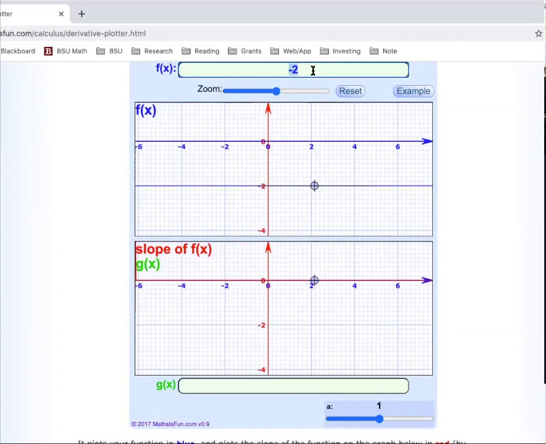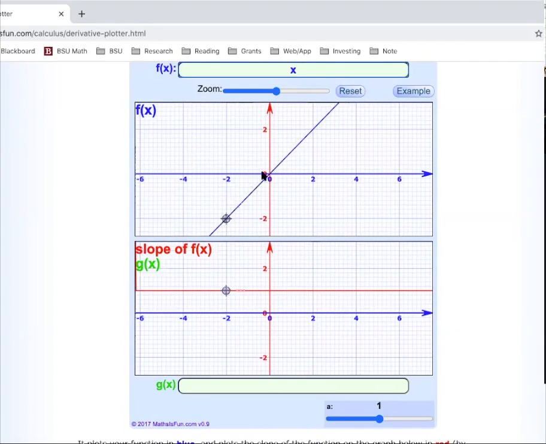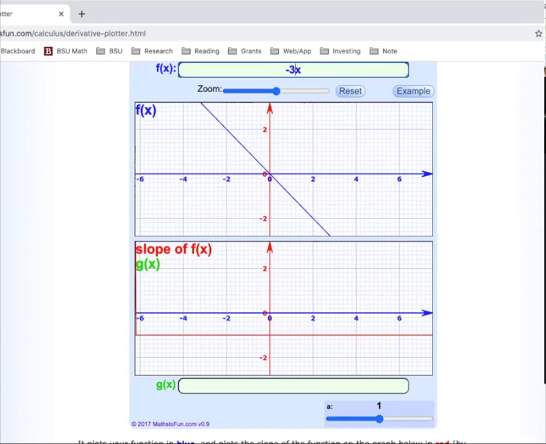Now also from the power rule, you know that if the original function is equal to x, which is a linear function, the derivative has to be a constant, right? The derivative of x is equal to 1, the derivative of 2x is equal to 2, the derivative of negative 3x is equal to negative 3.